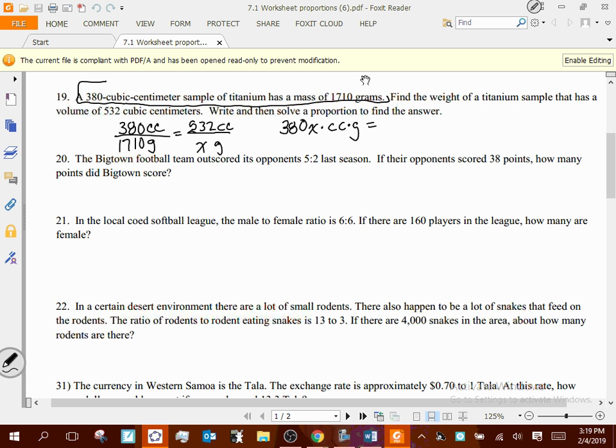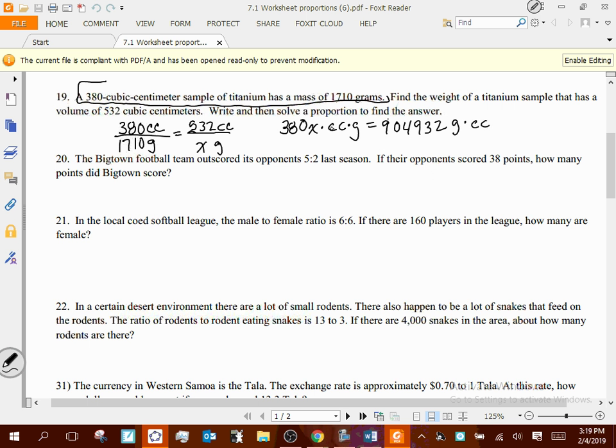Equal then, cross multiply, 1710 times 532 is going to give me 904,932. Now that was grams times cubic centimeters again.